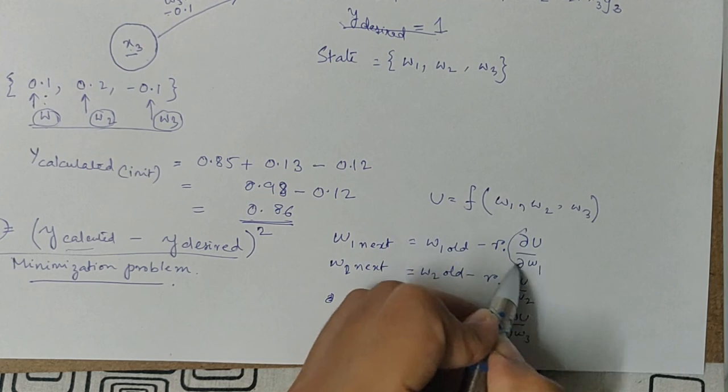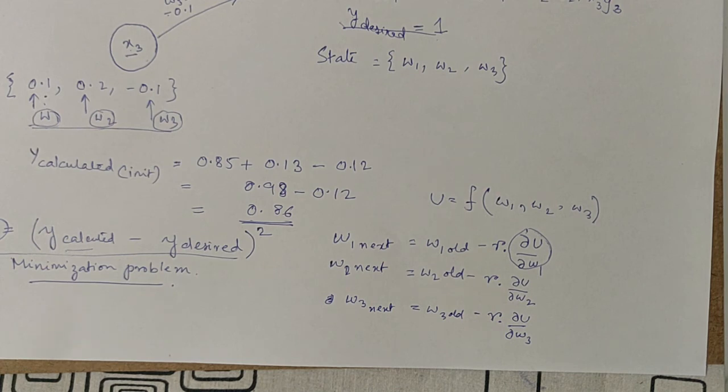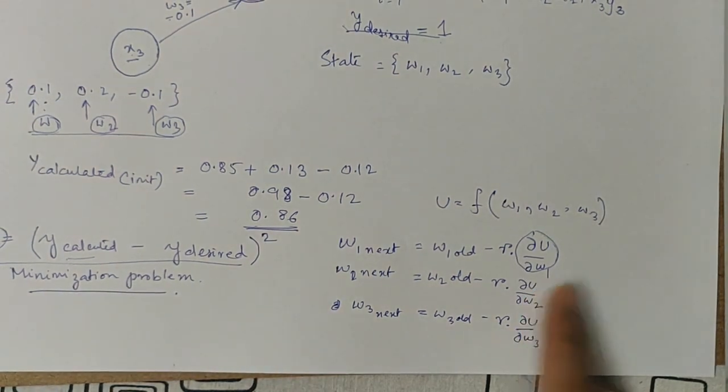Why? You remember gradient descent, because the gradient gives me the direction of the maximal change, right? We have seen that. So I will just compute for one of the weights.